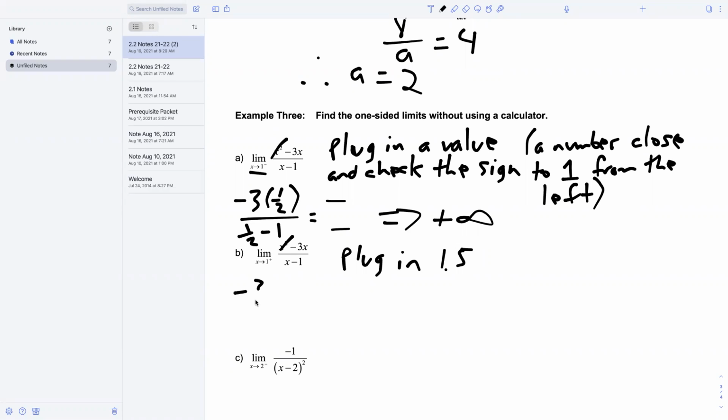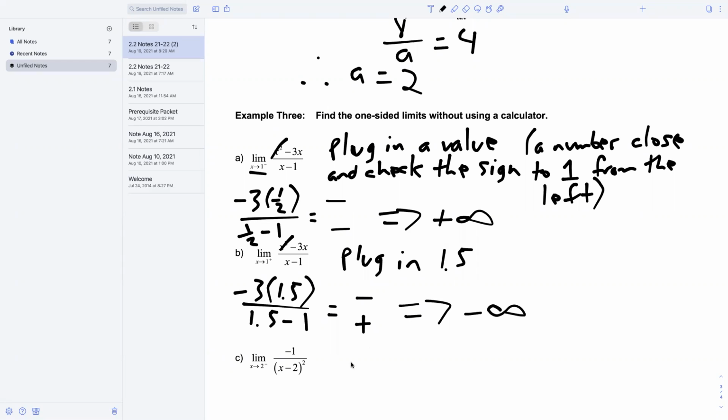So I've got -3 times 1.5 over 1.5 minus 1. -3 times 1.5 gives me a negative on the top, and 1.5 minus 1 gives me a positive on the bottom. Negative over a positive. Therefore, this is going to negative infinity.